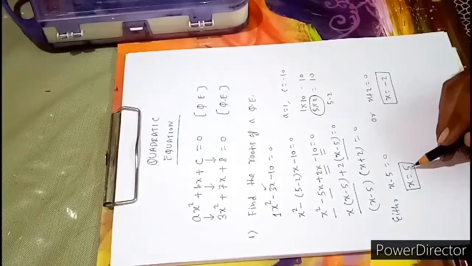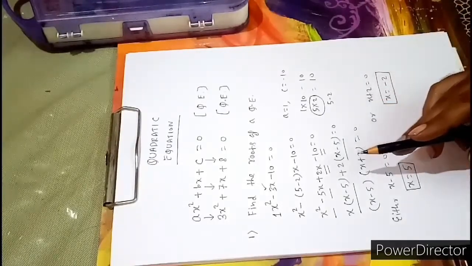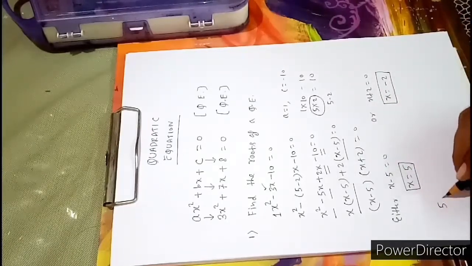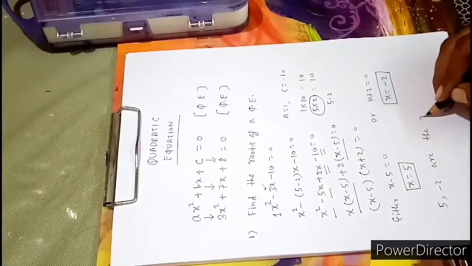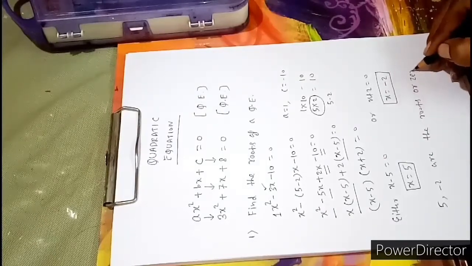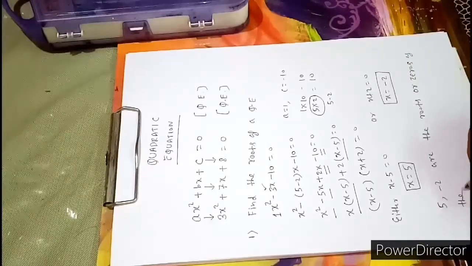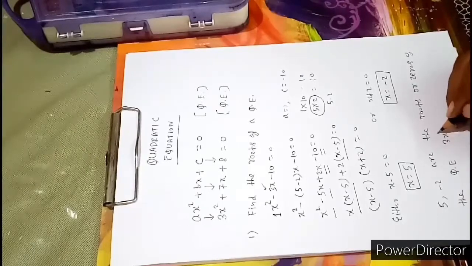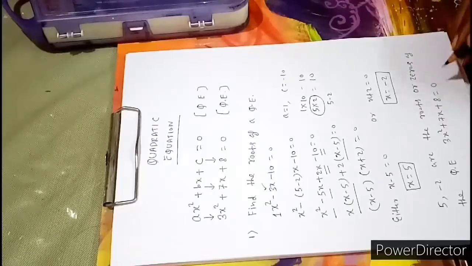These two values of x, that is 5 and minus 2, are the roots of the equation. We can say 5 comma minus 2 are the roots or zeros of the quadratic equation.